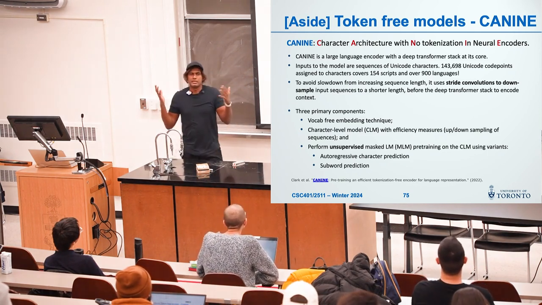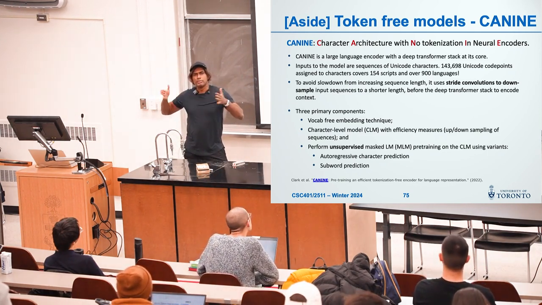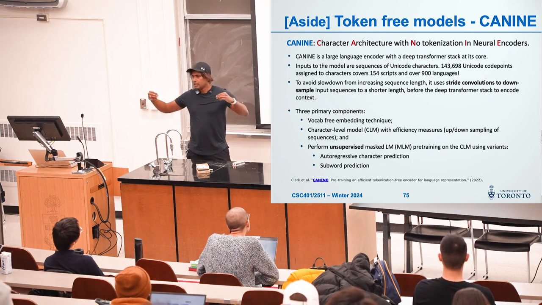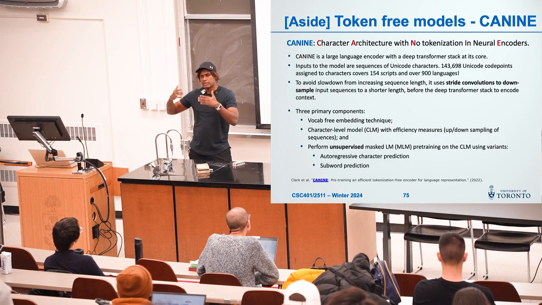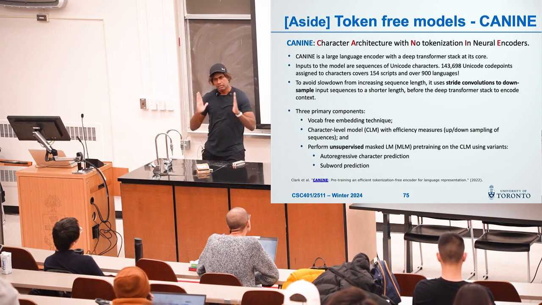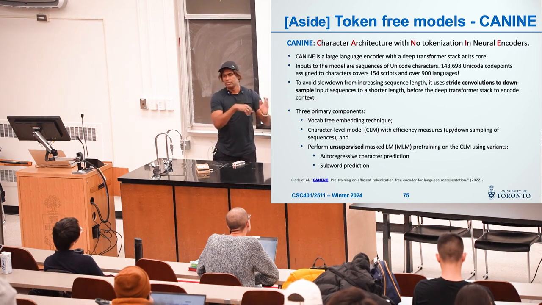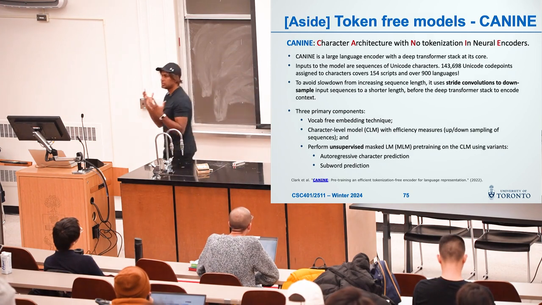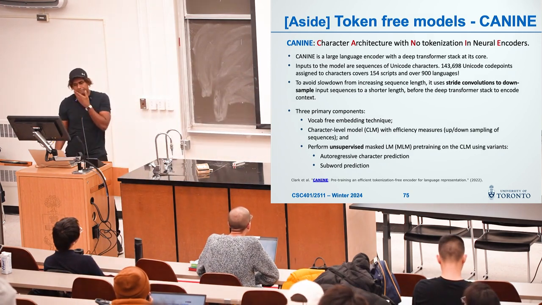But the high-level idea is this. If you're feeding in just the raw text, then you have a large sequence length. So you'll do something to downsample that. You basically shrink the input size and downsample, do some computation, get the result, and then upsample to the answer. That's sort of the general intuition or idea.